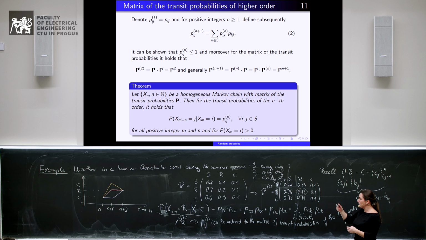And finally, in the infinity, we will obtain only one number in each column. And these numbers, the vector of these numbers, is called the stationary distribution. And it is the third usage of this matrix of transit probabilities.